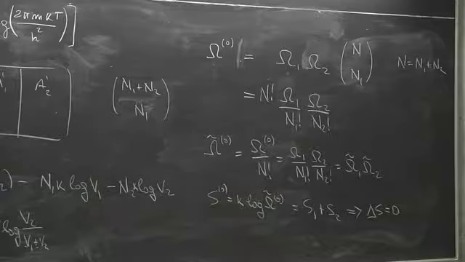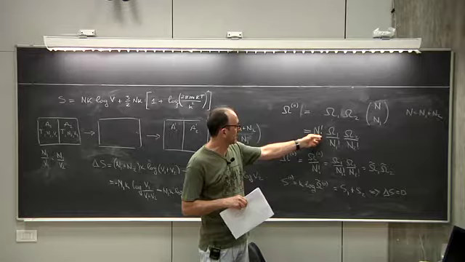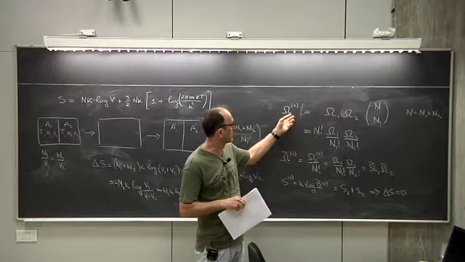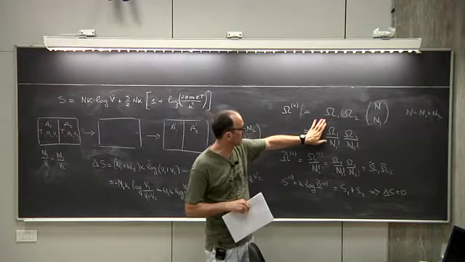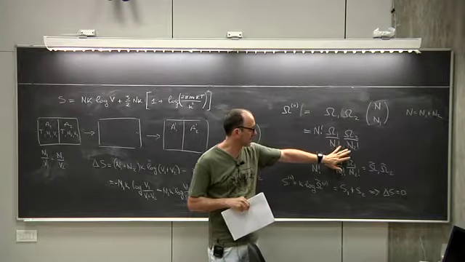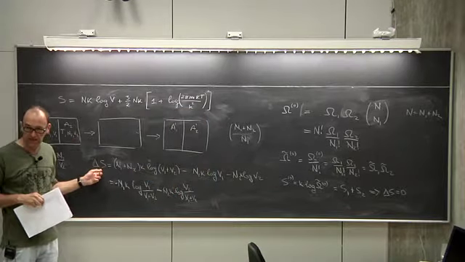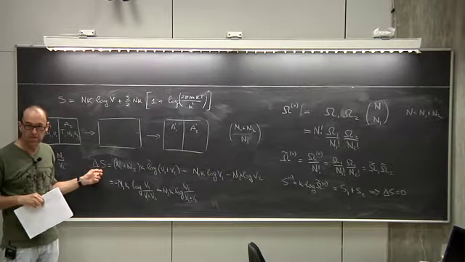Okay? So I will not have this n factorial, and indeed the correct number of counting the states will be just omega 1 divided by n1 factorial, omega 2 divided by n2 factorial, and I will have again the entropy of mixing. Okay?